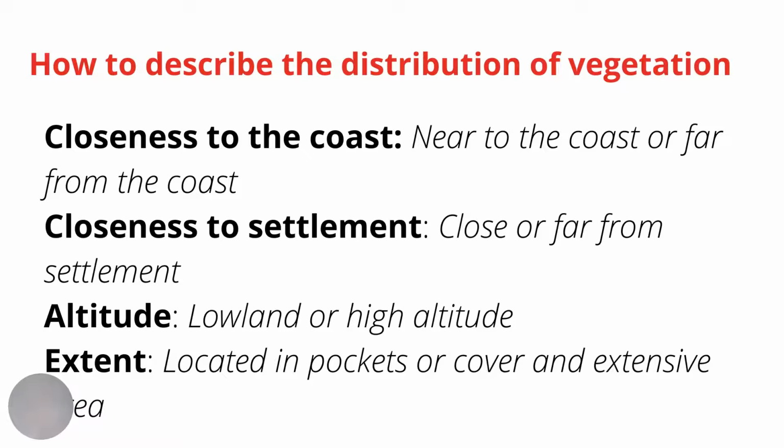So you could talk about whether they are close to the coast or far from the coast, close to settlement or far from settlements, close to roads, far from roads. You could talk about their location also in terms of the direction in which they extend.